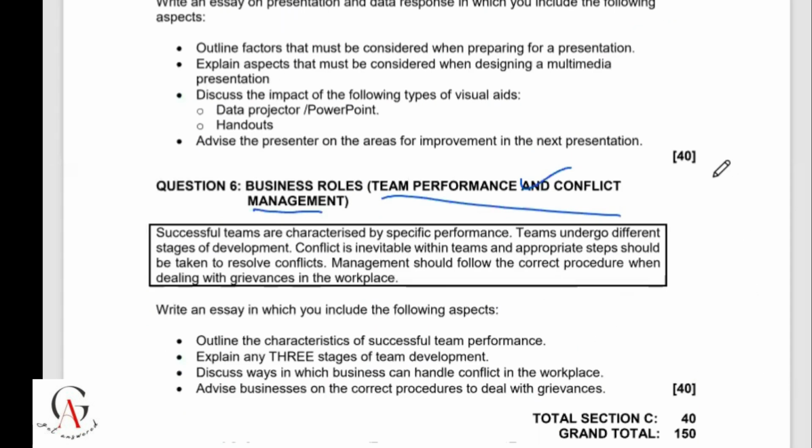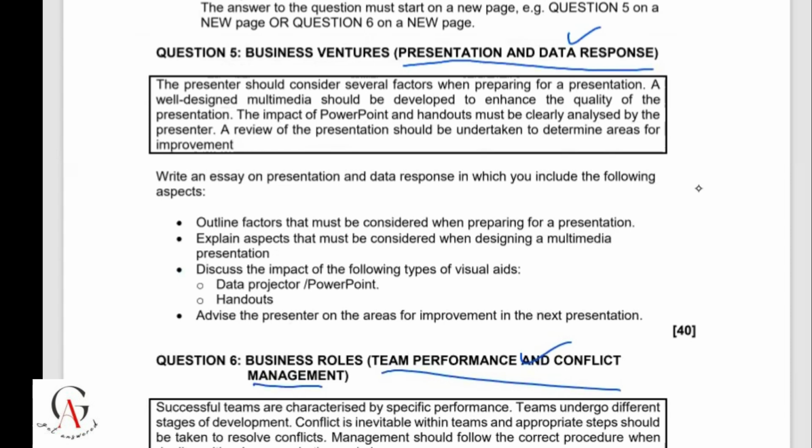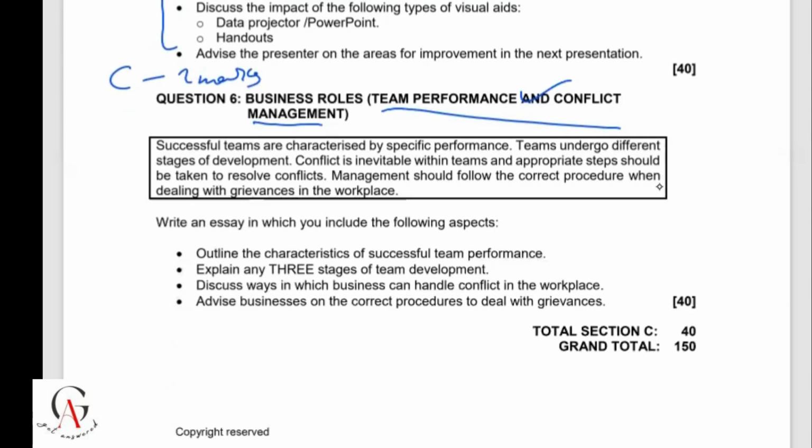Okay, right. So now let's check here. Remember, this builds your own body. So you must come up with an introduction of 2 marks and then a conclusion of 2 marks. Also under our last question, you must provide an introduction of 2 marks and a conclusion of 2 marks.